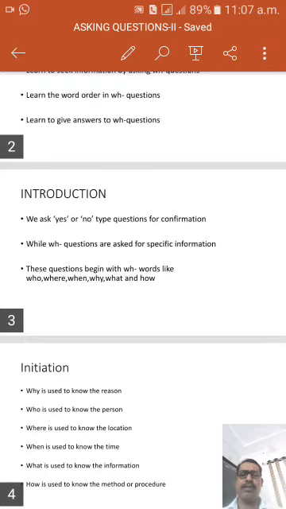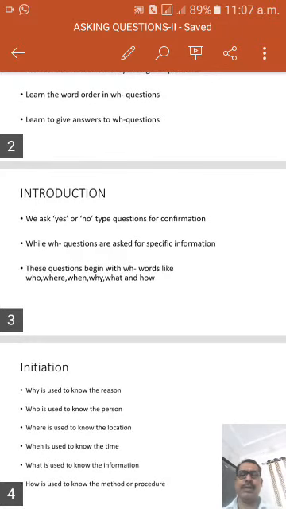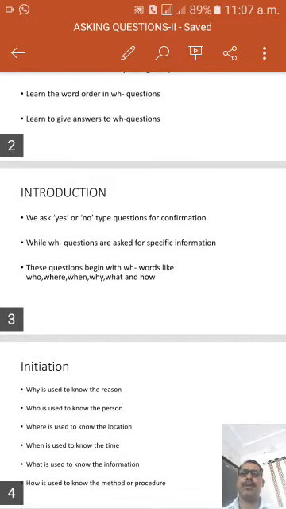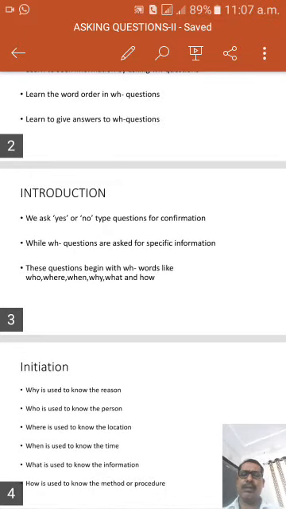Question tags are used for confirmation. In the same way, yes or no type questions are asked for confirmation, while WH questions are asked for specific information. So in WH questions we provide particular information, specific information.